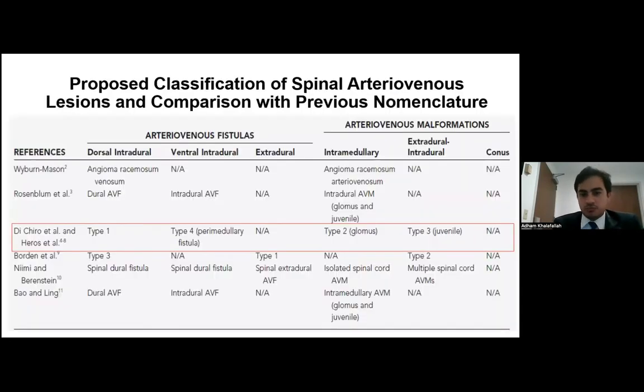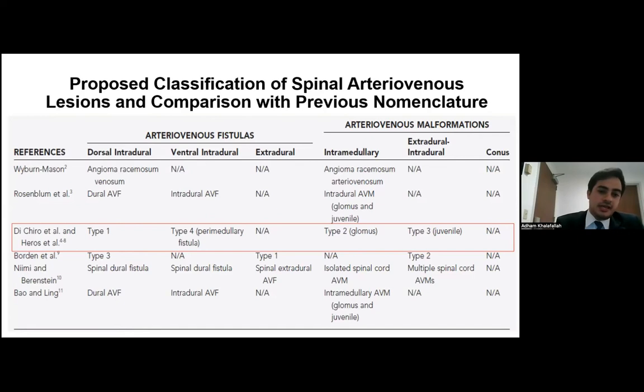So here once more is the proposed classification, and I'm highlighting how you can compare and understand it with the DeCaro and Harrows classification and the additions they've added, and how they thought that this proposed classification helps more in understanding.